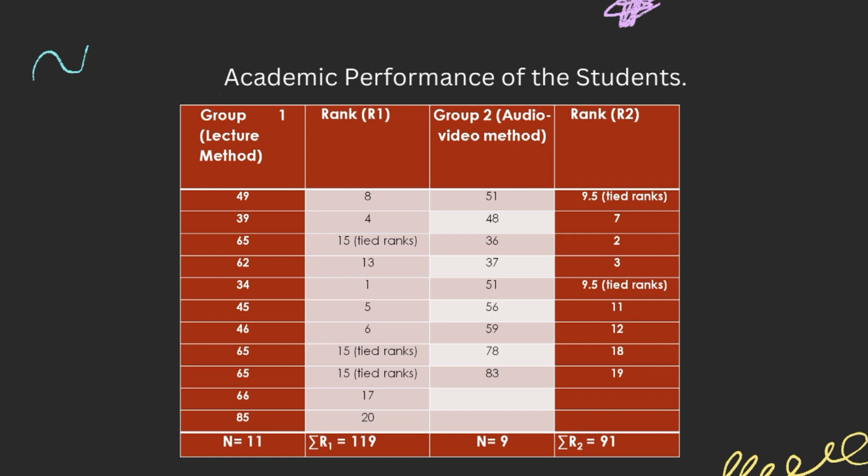Similarly, score 37 is under group 2 and the rank assigned for this score is 3, and so forth.